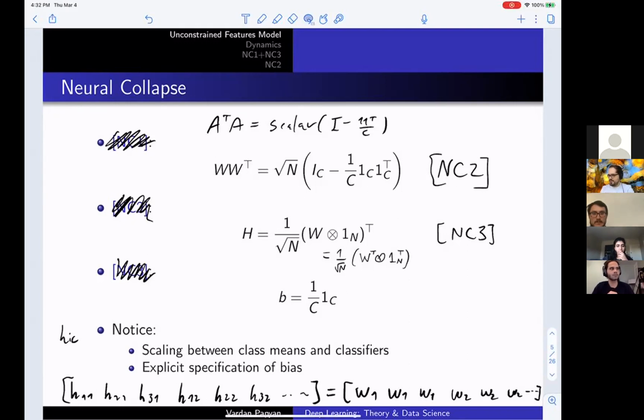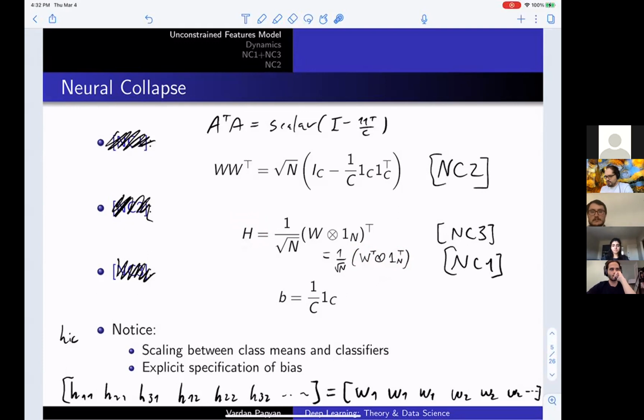And the equation is saying that the features are equal to the classifiers Kronecker with ones, which means copied classifiers. So this equation also tells us NC1 holds because the within class variability would be 0. Any questions?